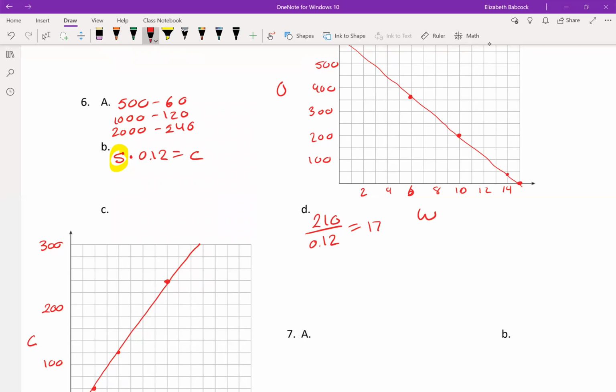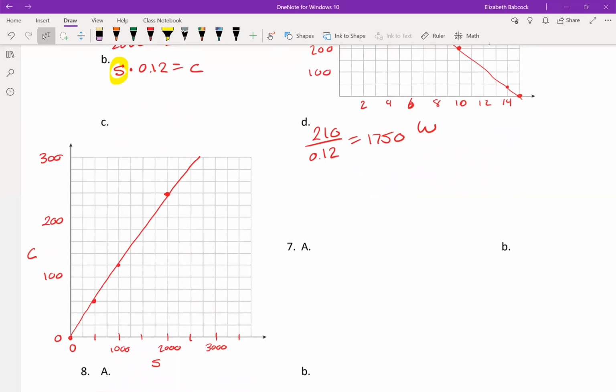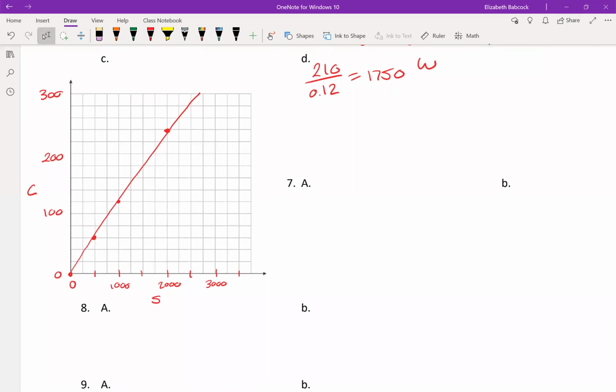He sold $17.50. Okay. So that's it for 6. We can move on to 7 if you have it done. If you don't, pause the video, keep working, get it done, and come back, because now we're dealing with word problems.